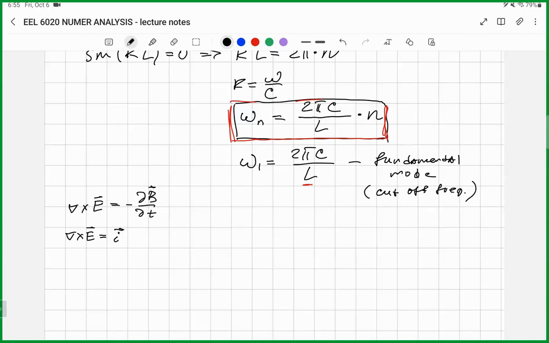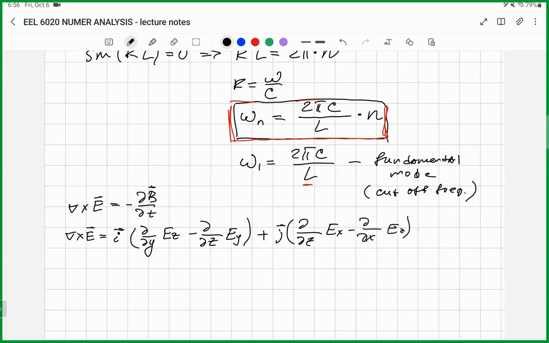We start from x, the unit vector along x, times d over dy of the z component, minus d over dz of E y, plus j times d over dz E x minus d over dx E z, plus d over dx E y minus d over dy E x.